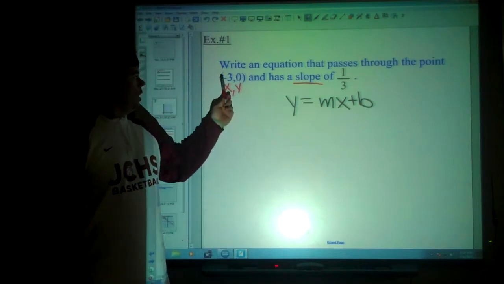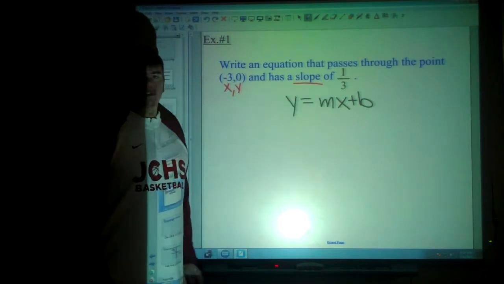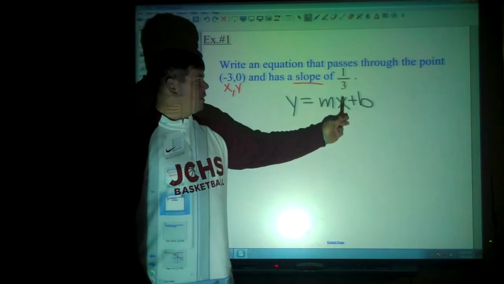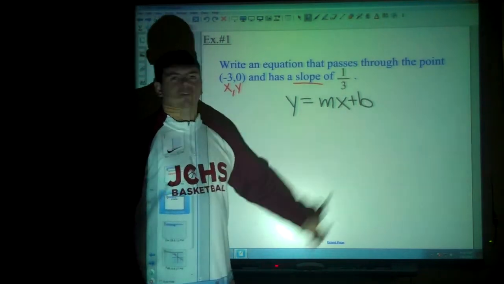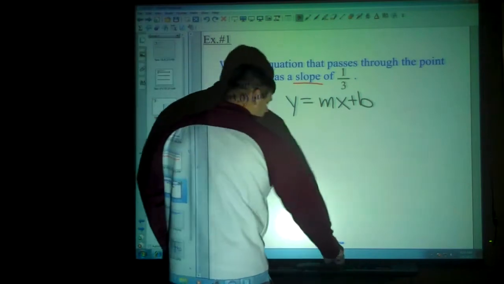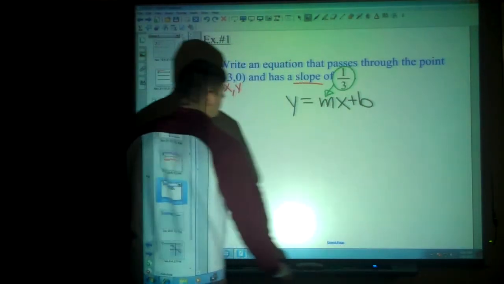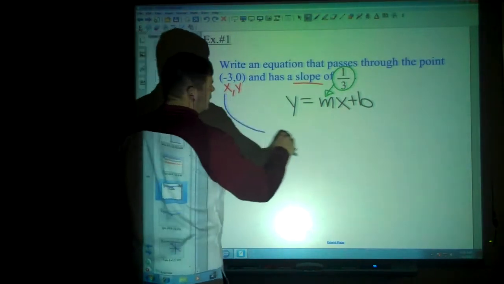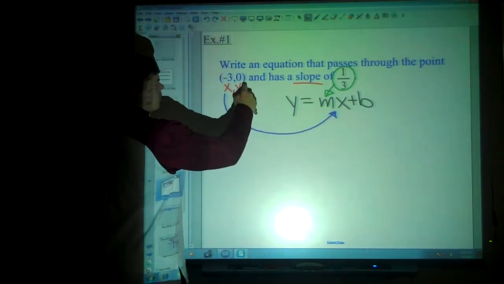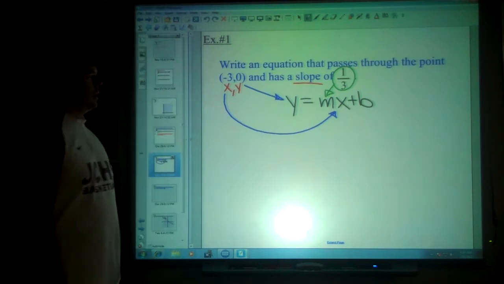So you can substitute three pieces of information for three spaces, which leaves the b for you to solve. The 1/3 is going to go in for m. Your x value of -3 goes here, and your y value of 0 goes right there.